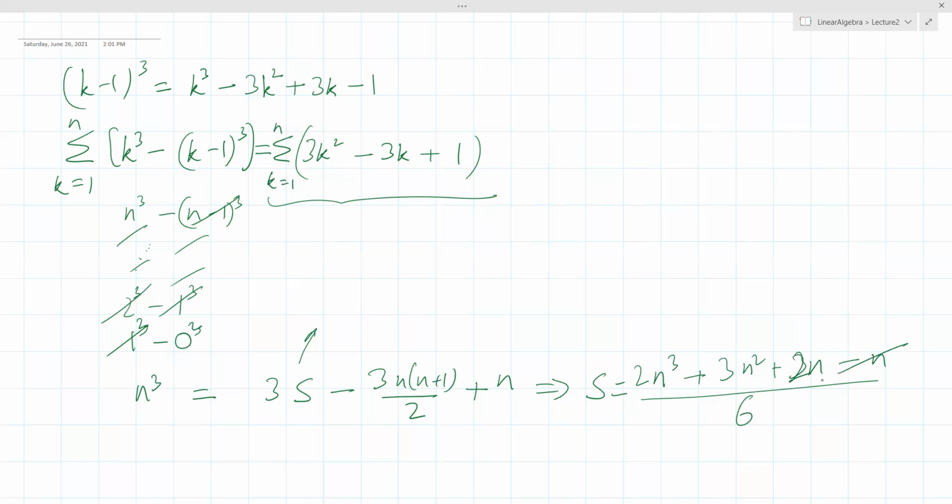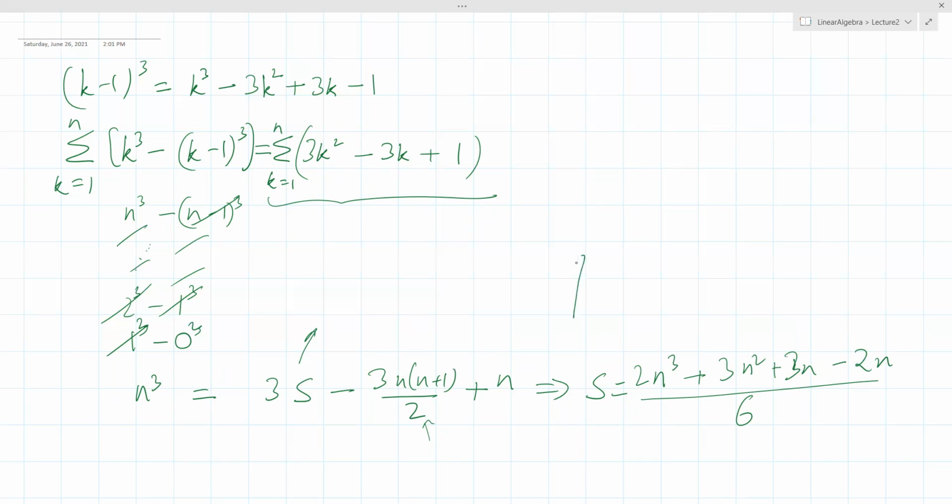I made a mistake somewhere. What is the mistake? Oh, this will be 2n. Because there is a numerator and in the denominator there is a 2, this will also become 2n. So we'll have plus 3n minus 2n.